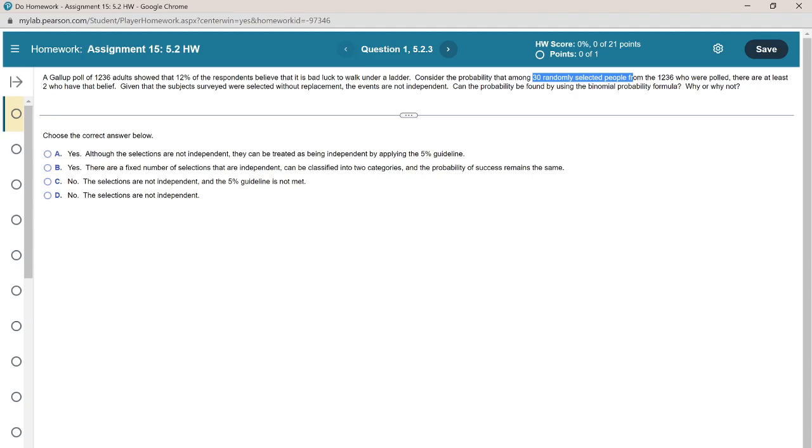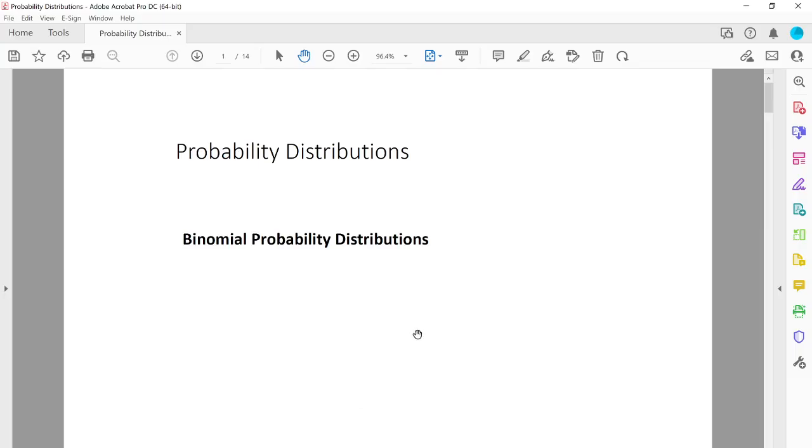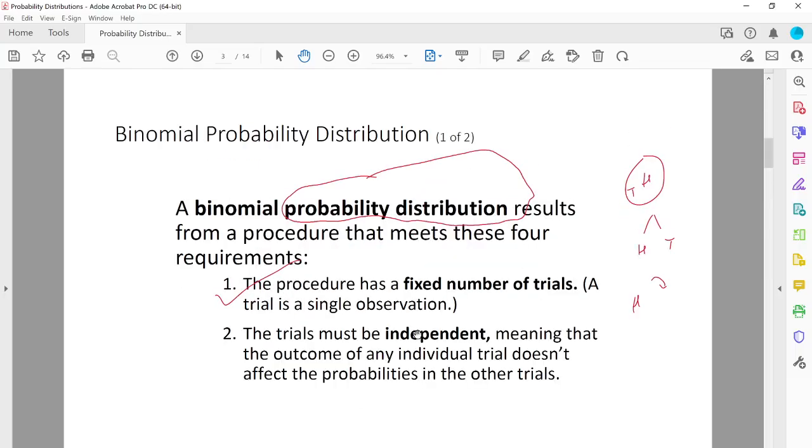Given that the subjects surveyed were selected without replacement, the events are not independent. Can the probability be found by using the binomial probability distribution? Why or why not? Keep in mind, to have a binomial probability distribution, that distribution should satisfy these 4 criteria.